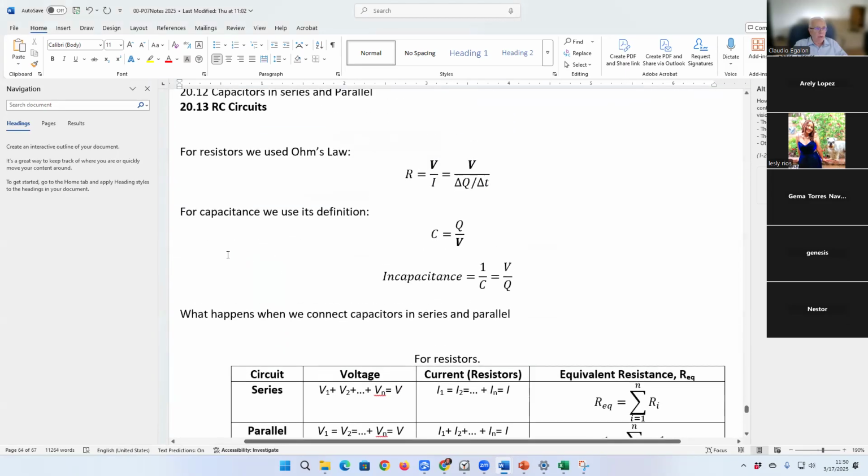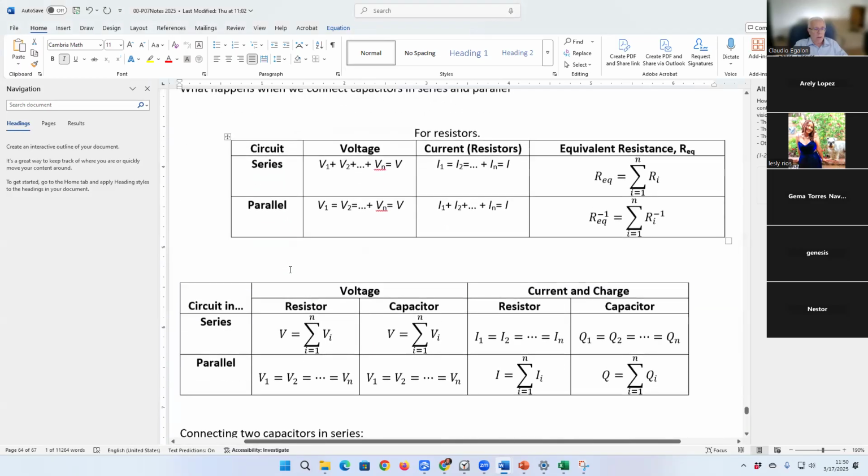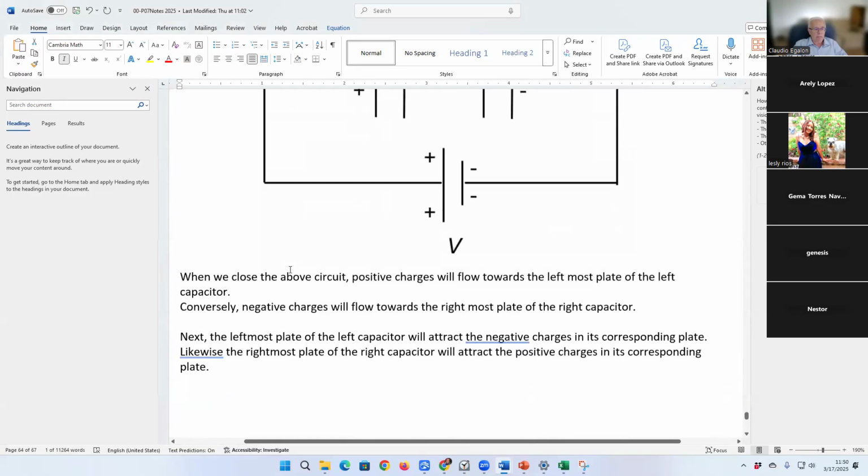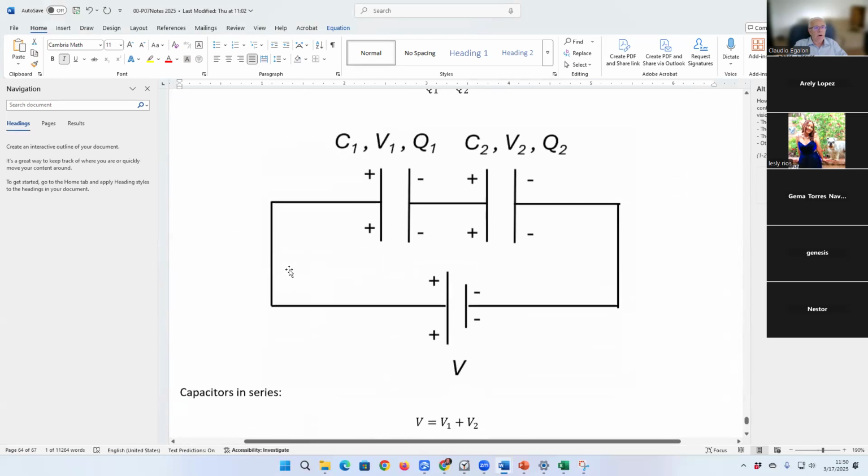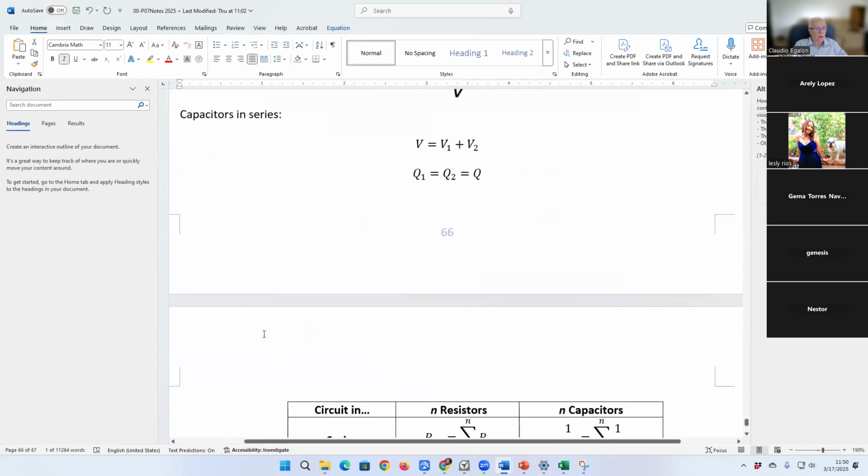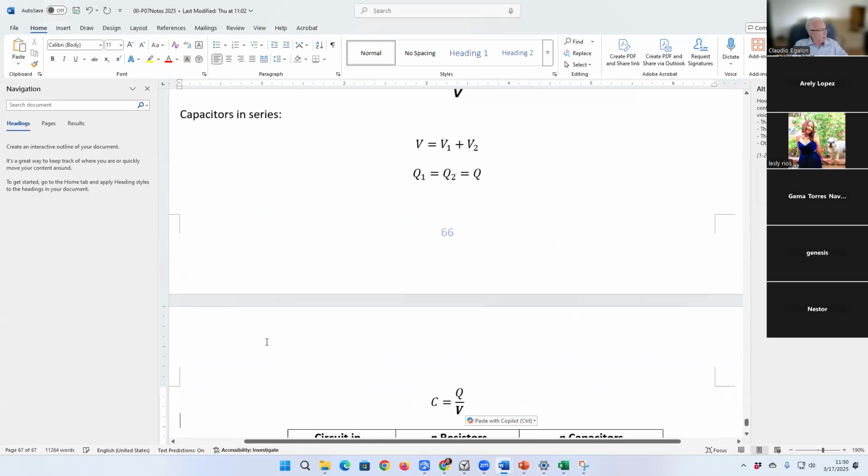Let's get that. We're going to need that right in here. That's the equation for capacitance here.